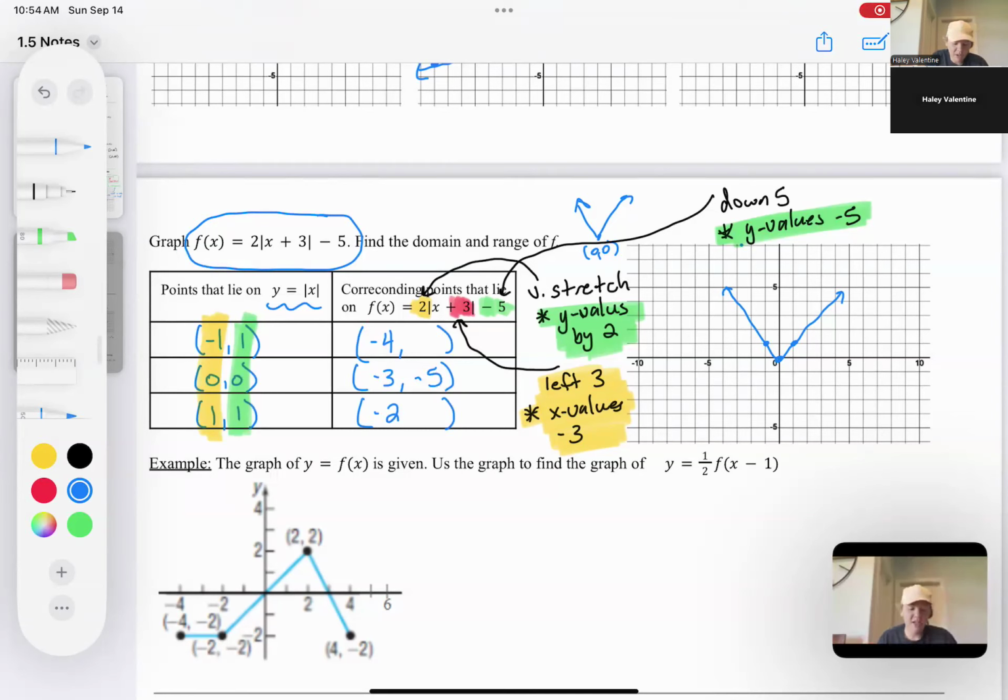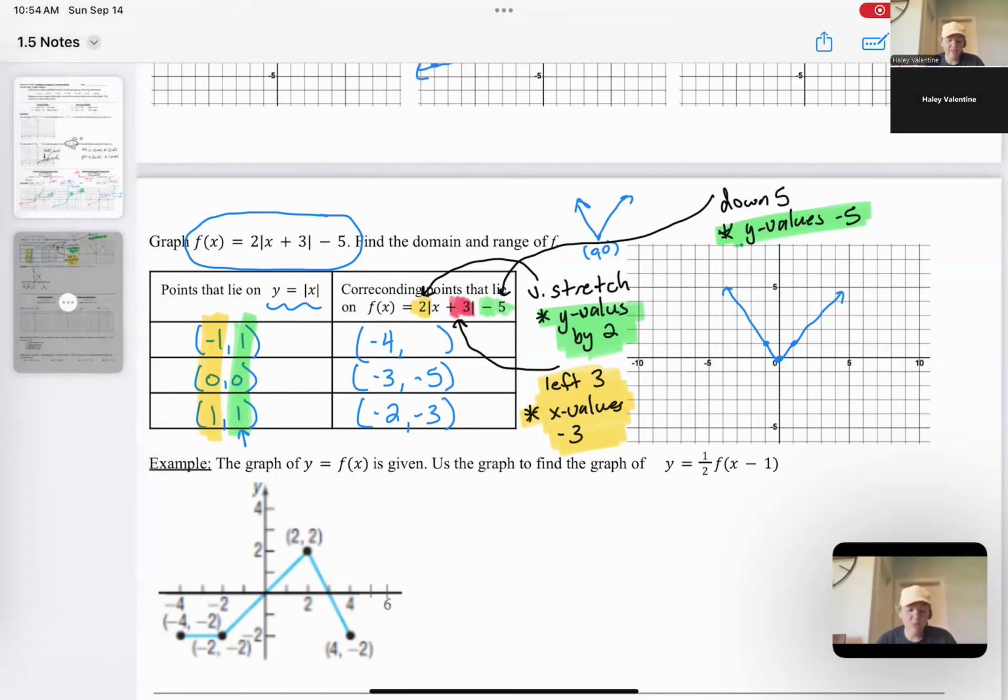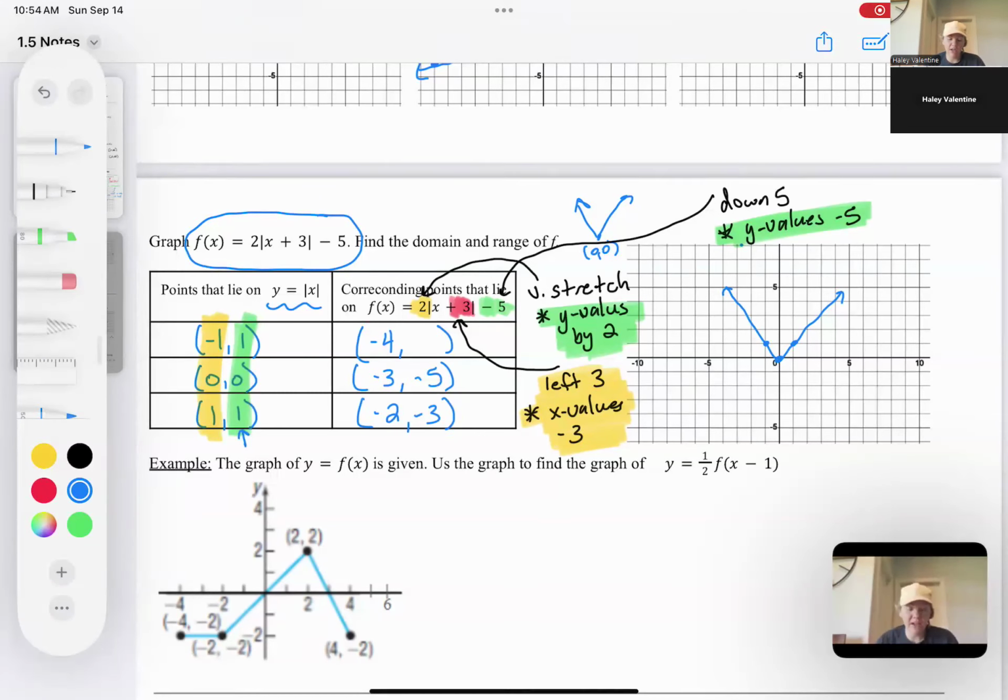Now let's start with our 1 right here. If I take 1 and multiply it by 2, I get 2. And then when I subtract 5, 2 minus 5 is -3. Now let's take the y value of 1 again. If I take 1 and multiply it by 2, I get 2. 2 minus 5 is -3.